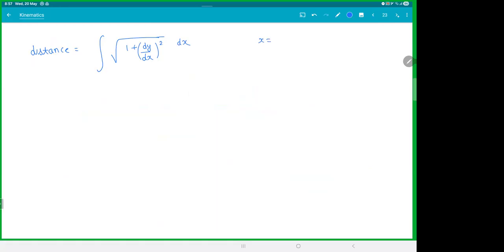And what was x? X was r into theta minus sine theta. Now the problem here is, how do I get dy by dx from here? You can't. So what I do, I'll do dx by d theta. That would be r into 1 minus cos theta. And what is y? R into 1 minus cos theta.